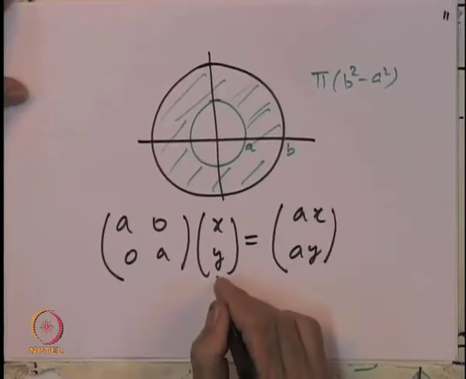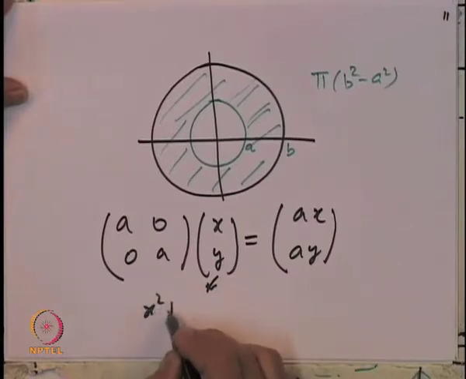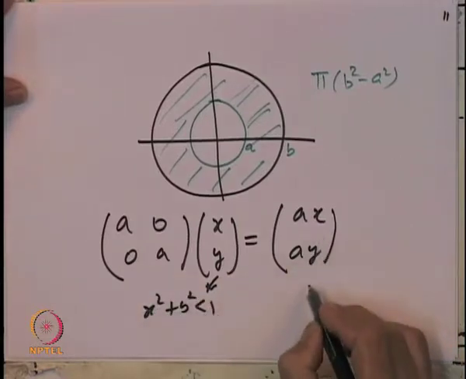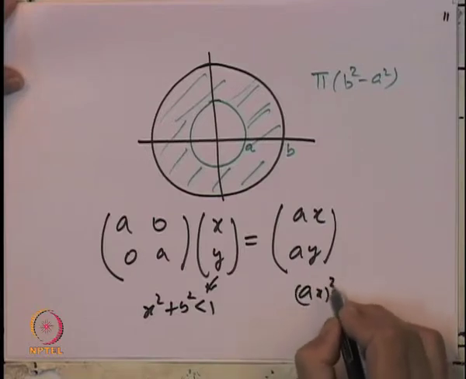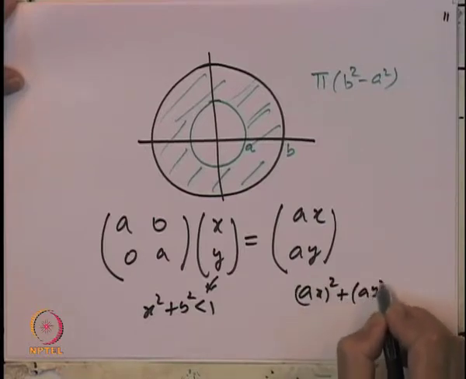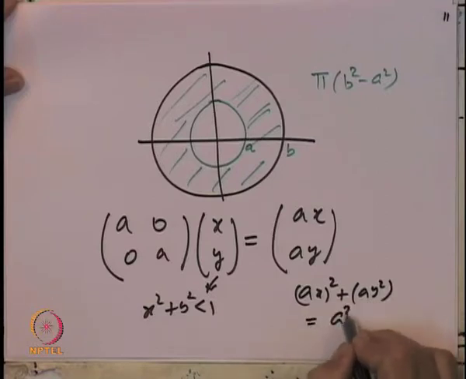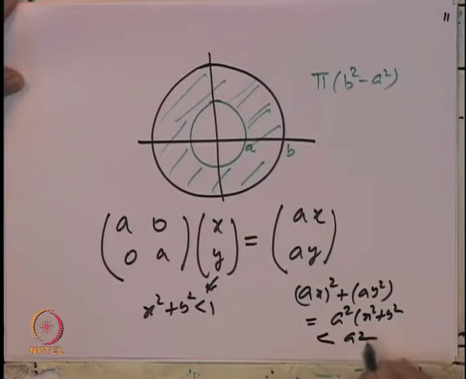So, if this vector had the property that x square plus y square is less than 1, then the transformed vector a x a y has the property that a x square plus a y square is equal to a square times x square plus y square, which is less than a square.